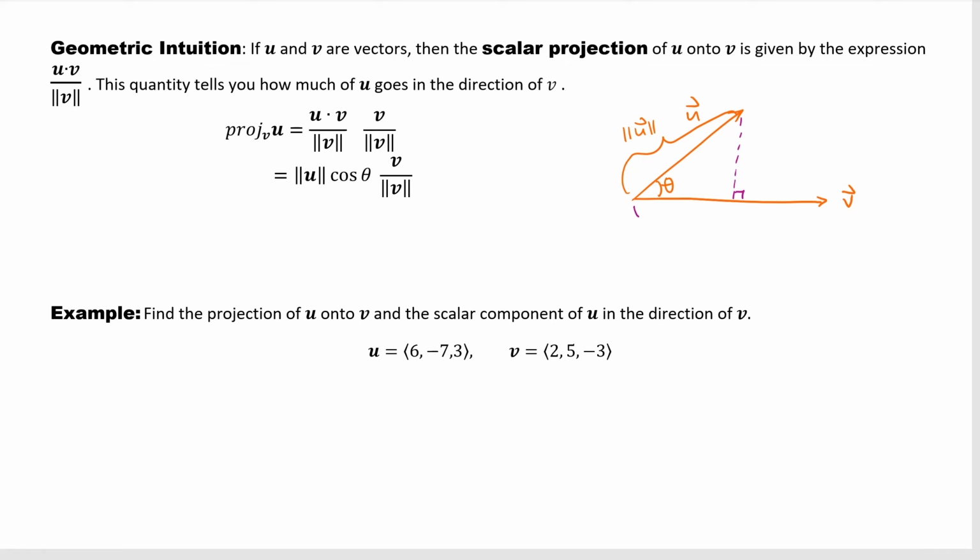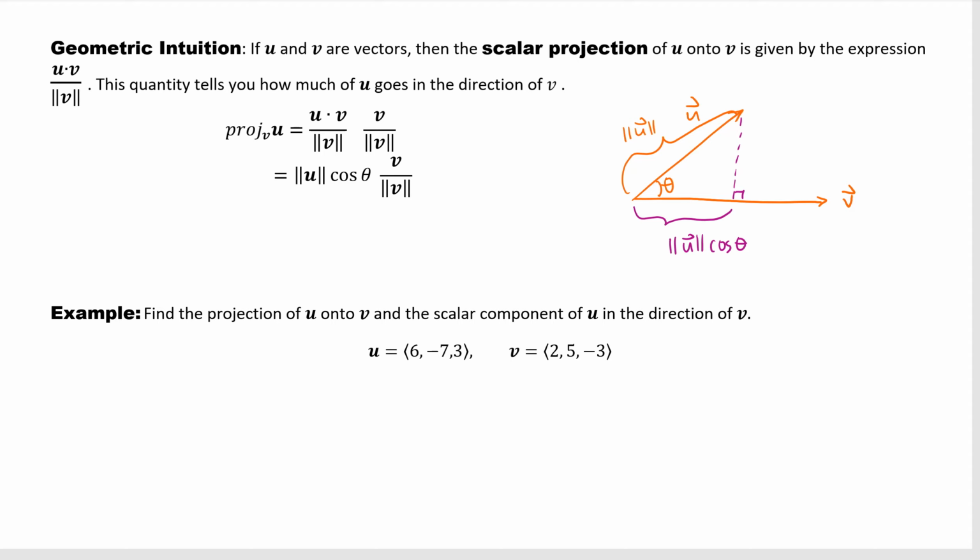then what is this? We talked about that in our first video. This is the magnitude of u times cosine theta. So it's the component of u in the direction of v, and this is the scalar projection.